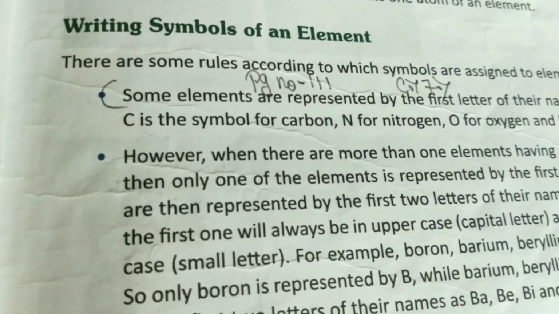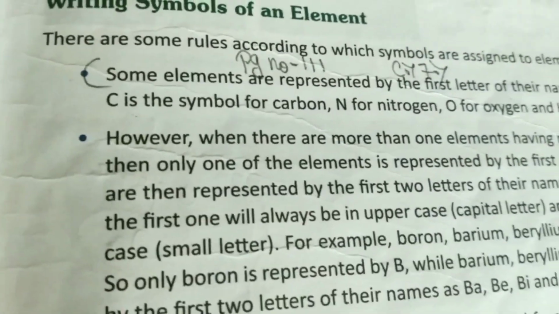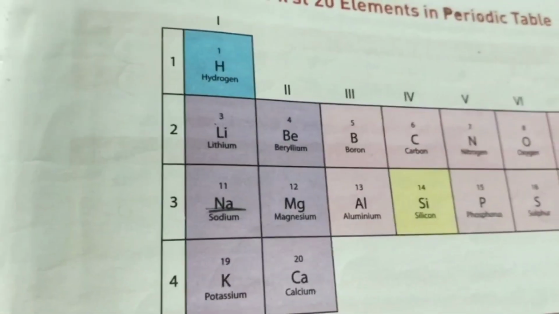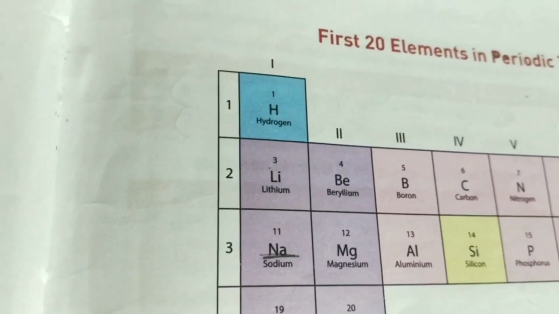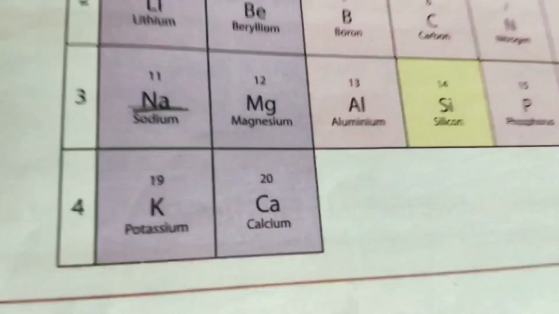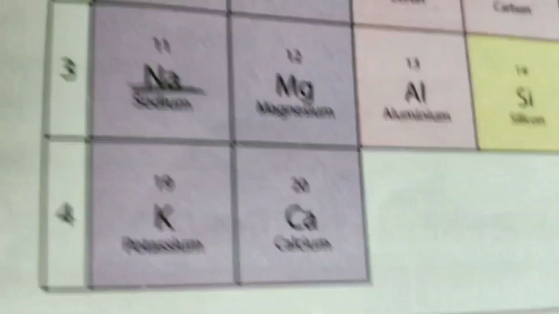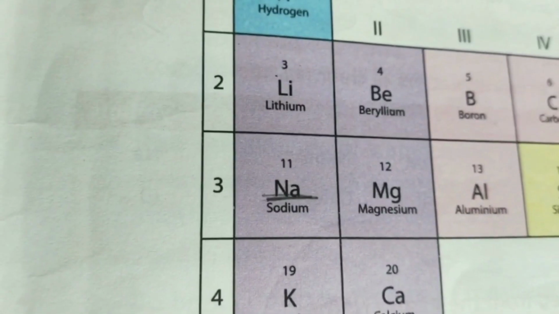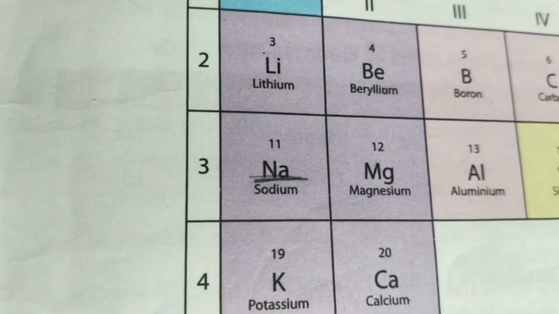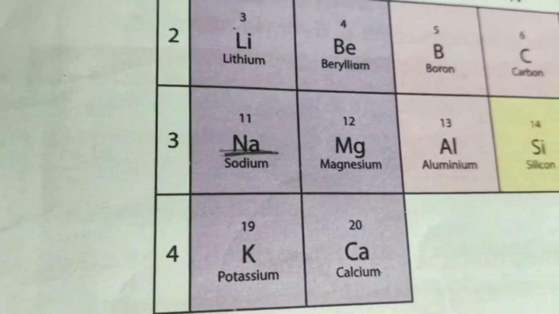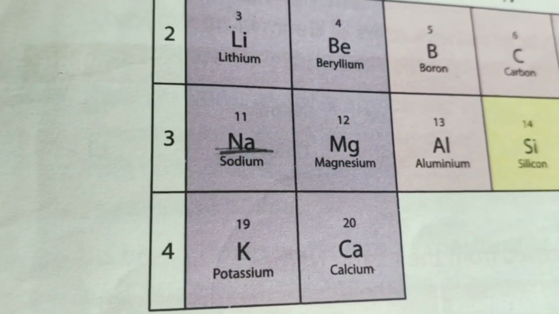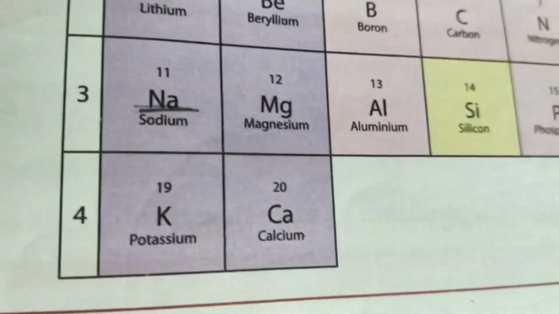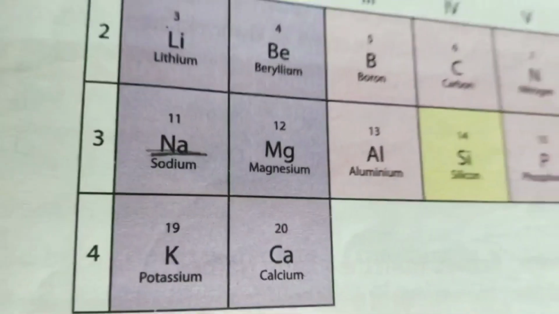While discussing the elements, I have shown you this periodic table. It is very inconvenient to write the full spelling of the names of the elements every time, and it becomes especially inconvenient while writing chemical reactions.